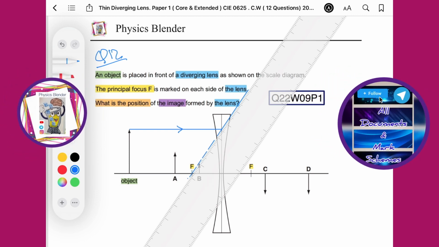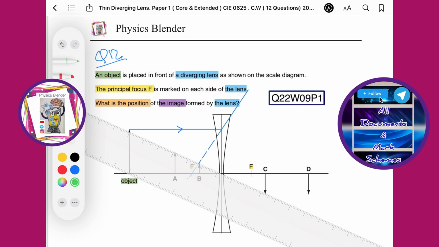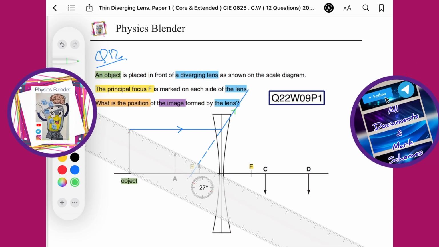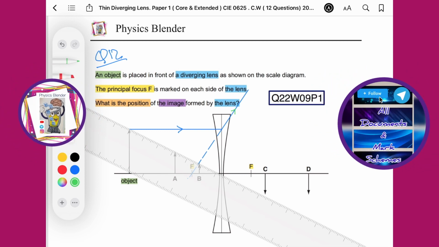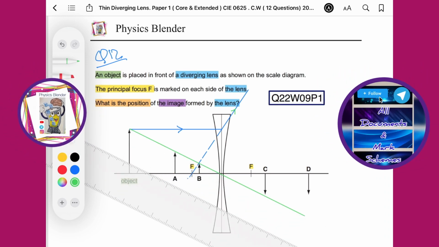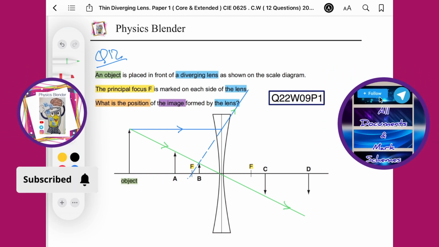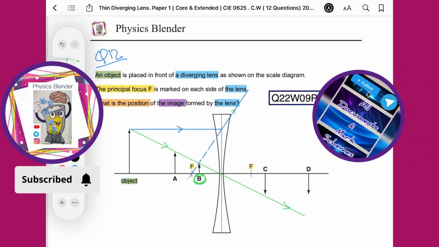The other one passes through the optical center undeviated. Where they intersect, you can find the location of the image. So the answer is B.